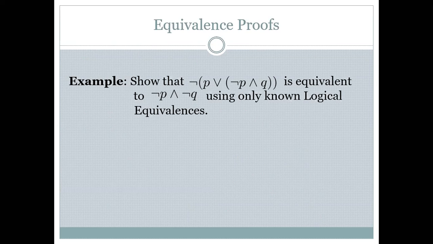Why not? It seems best to start with the more complicated thing. Not P and Q like this. I say we use De Morgan's first. And if I use De Morgan's, what's going to happen? Okay, not P and what?